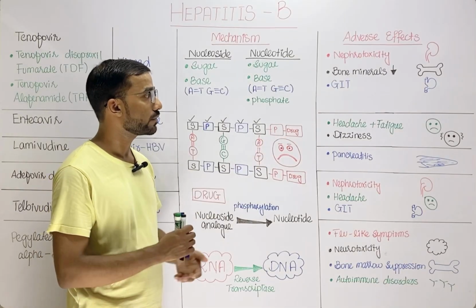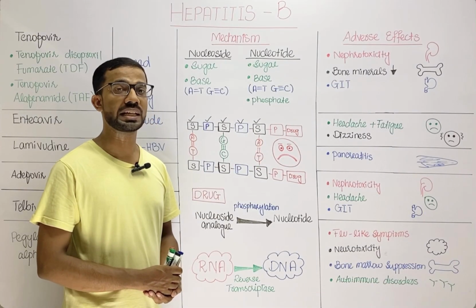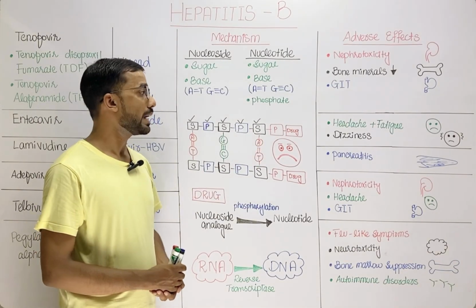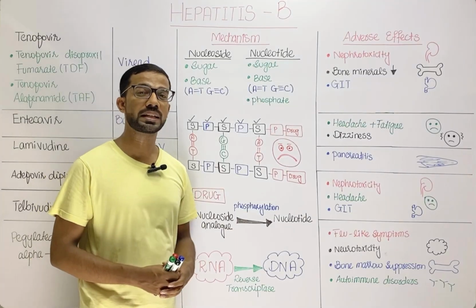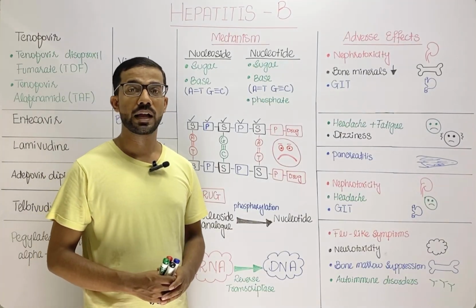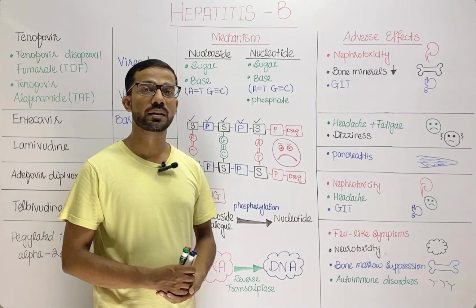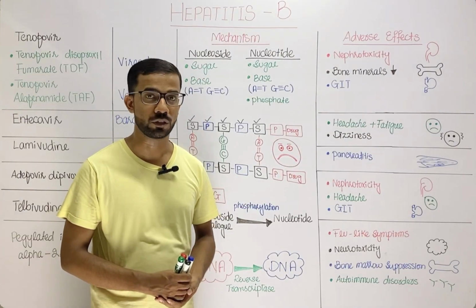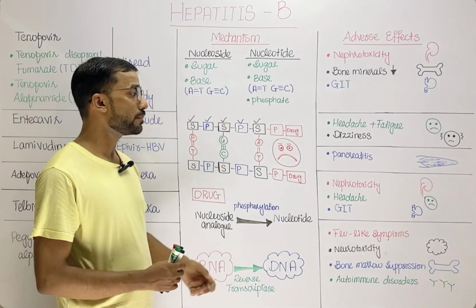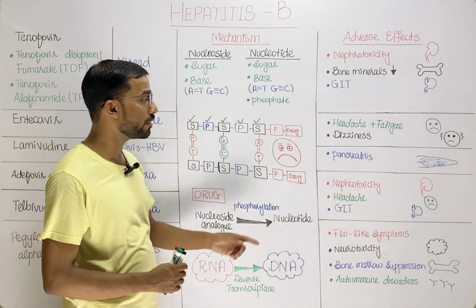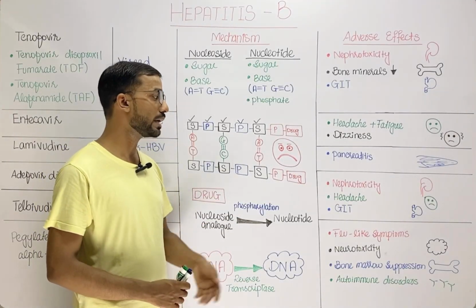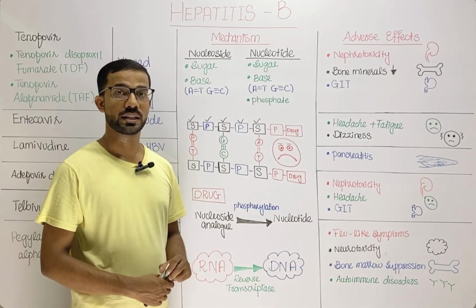You can see headache, fatigue, and dizziness. Next is Lamivudine, which is a well-tolerated HBV drug, and in rare cases you can see pancreatitis related to Lamivudine. Next is Adefovir. With Adefovir, you can see nephrotoxicity, headache, and GI disturbances.